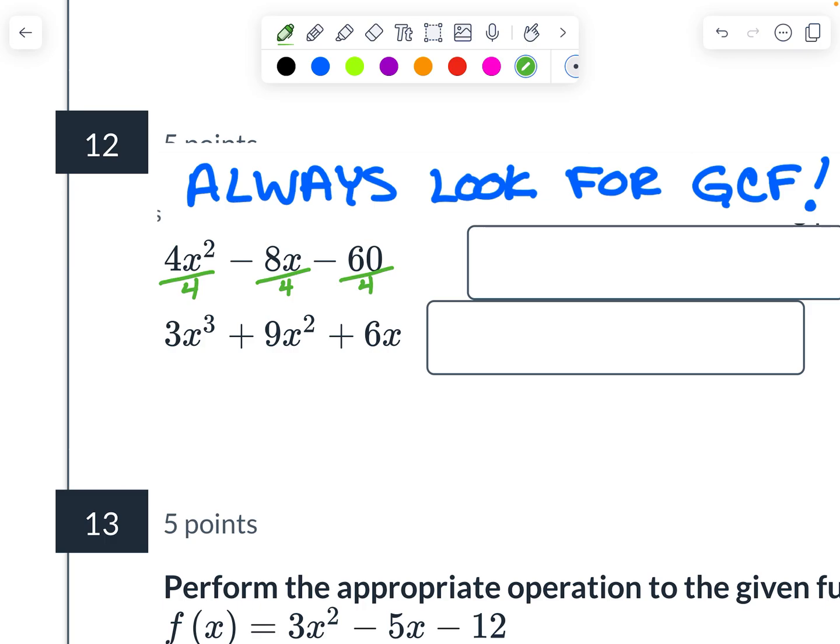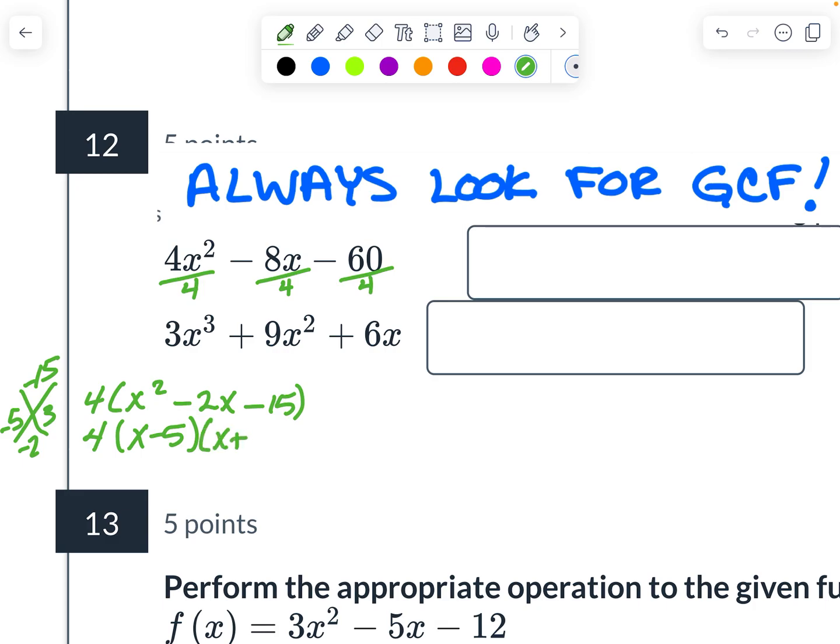So when we do that, we divide out the 4, and we have x squared minus 2x minus 15. And then we look for factors of negative 15 that add to negative 2. And they are negative 5 and 3. So we have x minus 5 and x plus 3.